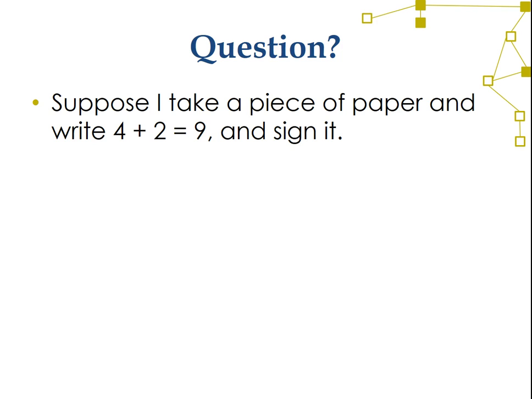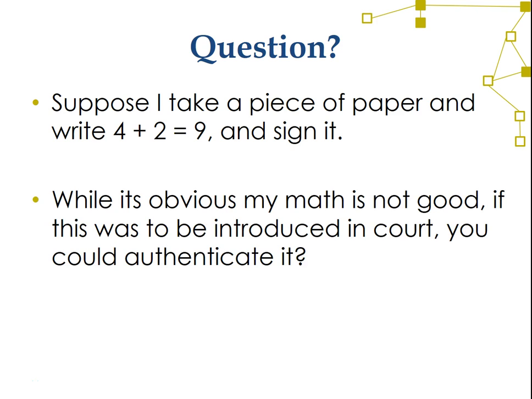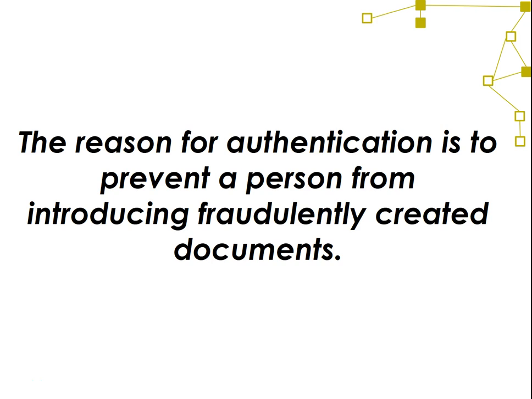So you would in fact be able to authenticate it. Does that make sense to everybody? So if we were all together and you saw me write this out, even though it's wrong, we're not talking about the math, we're talking about the document. You would be able to testify that, hey, I watched him write that lousy math problem.